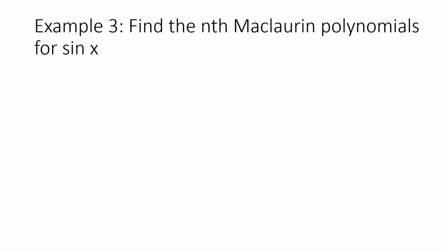So let's have example number 3. Find the nth Maclaurin polynomials for sine x. In this case, for the Maclaurin polynomials for sine x, only the odd powers of x appear explicitly.